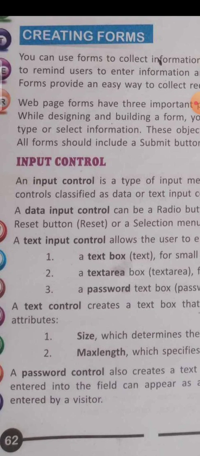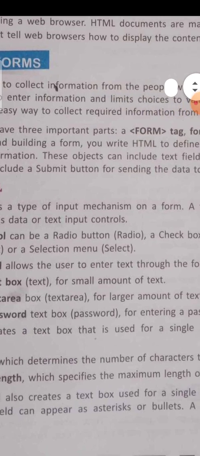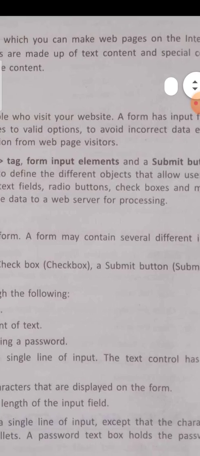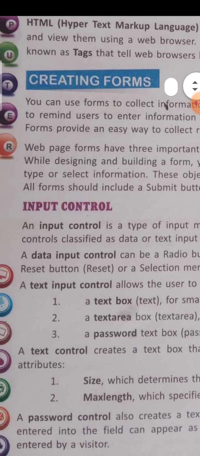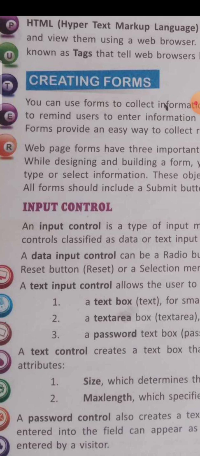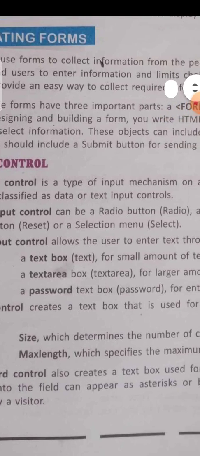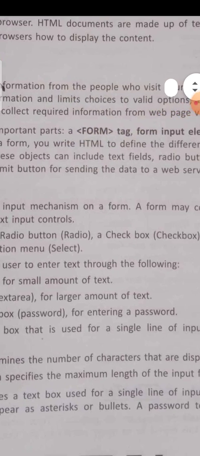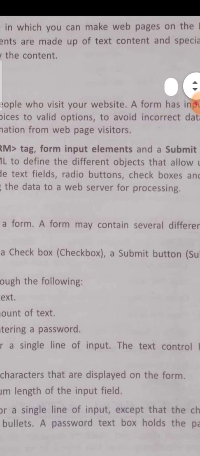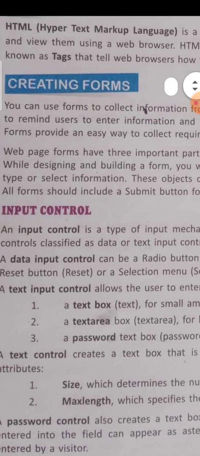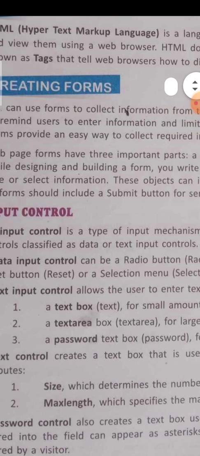An input control is a type of input mechanism on a form, and a form may contain several different input controls, classified as data or text inputs. A data input control can be a radio button, a checkbox, a submit button, a reset button, or a selection menu, that is a select.